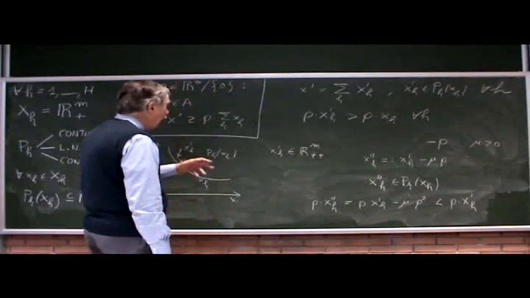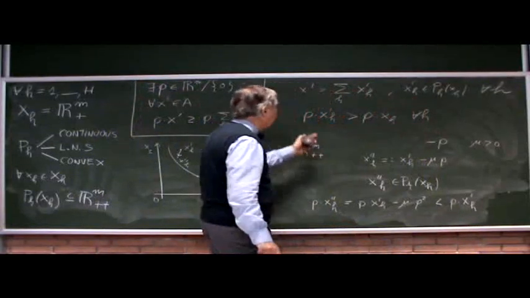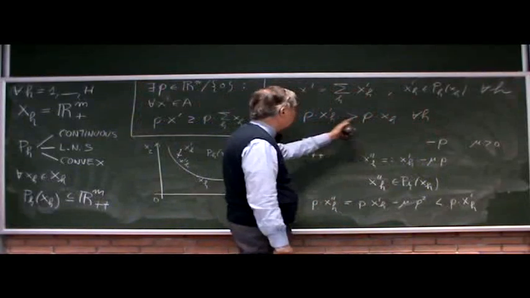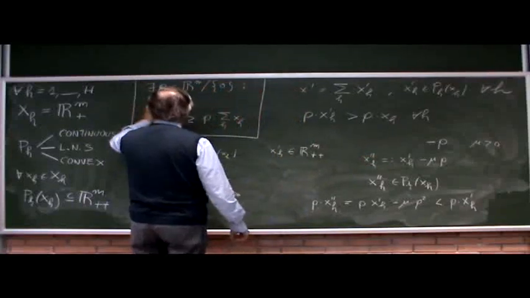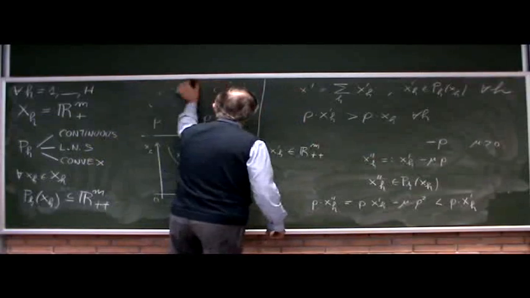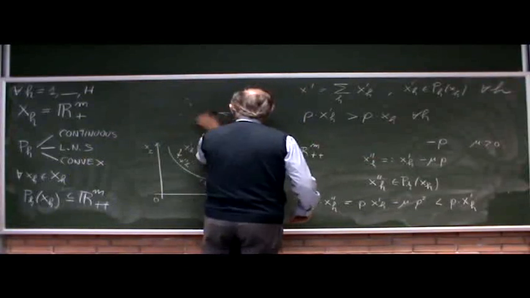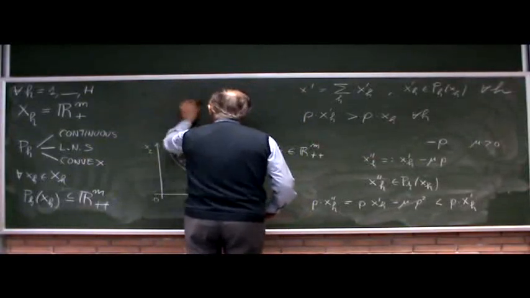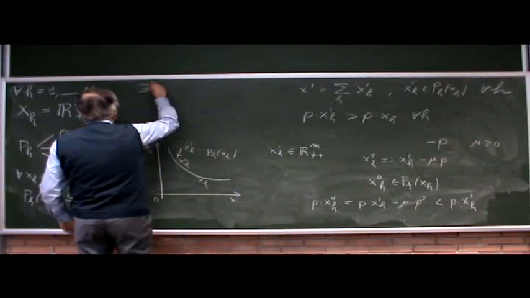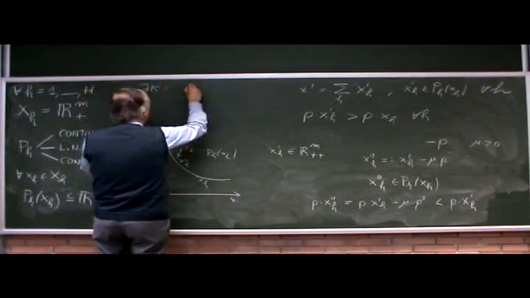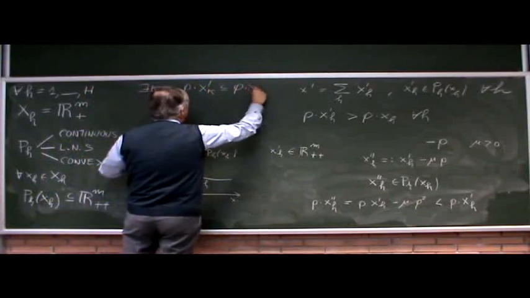But why this construction, this computation? Because let us suppose, let us assume, that there is a subject for which this inequality does not hold. There exists a k such that p times x prime k is lesser or equal than p times xk.